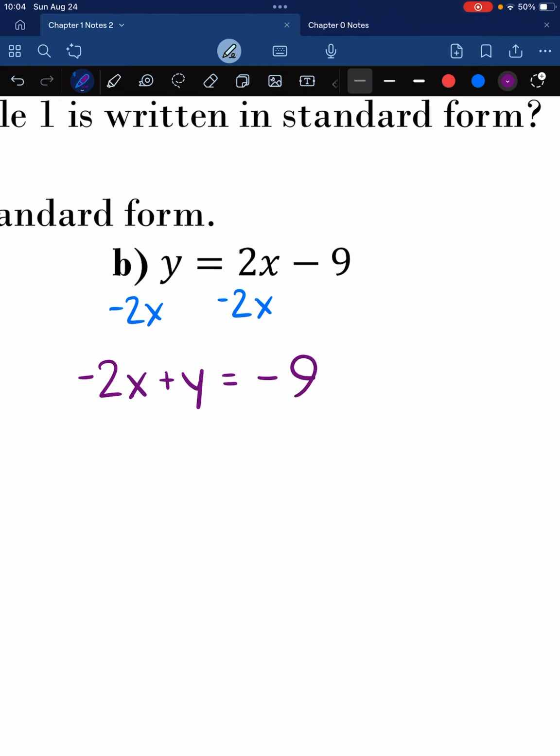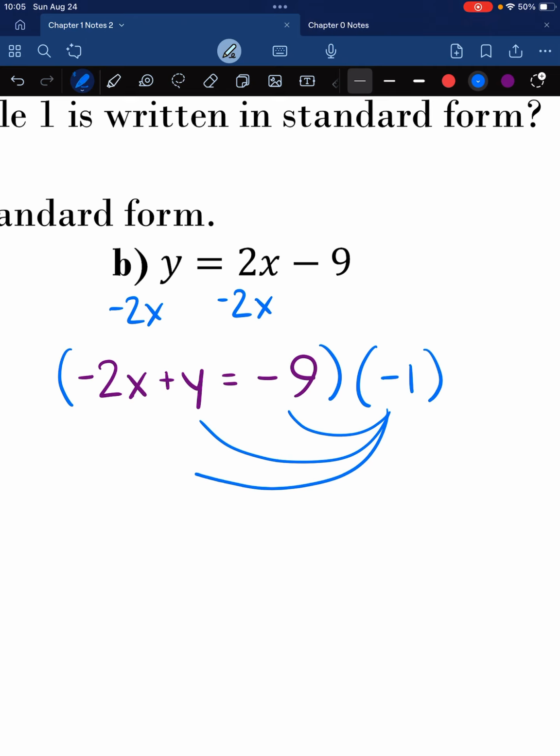Okay, I have integer coefficients, so that's looking good. There's no common factors, so that's good. But again, I have that leading coefficient is negative, and I don't want that. So I'm going to go ahead and multiply everything by -1, change the sign of every single term, so that we end up with a positive a value.